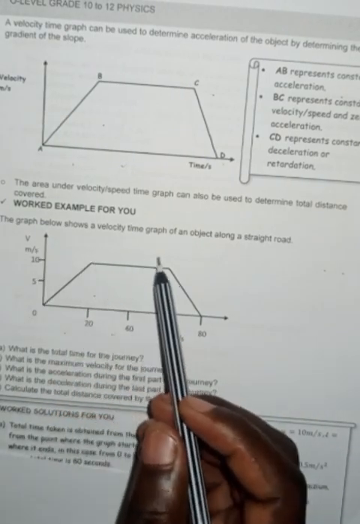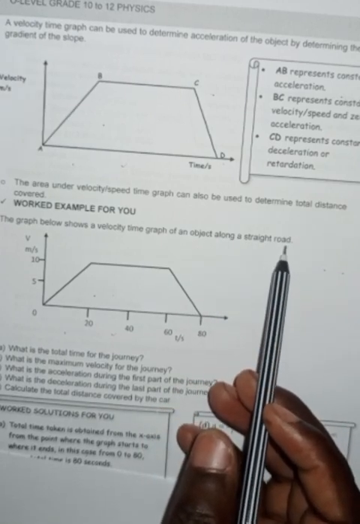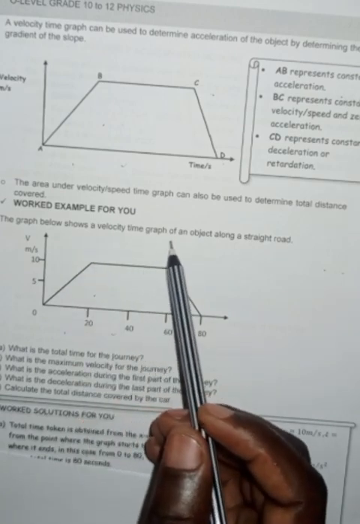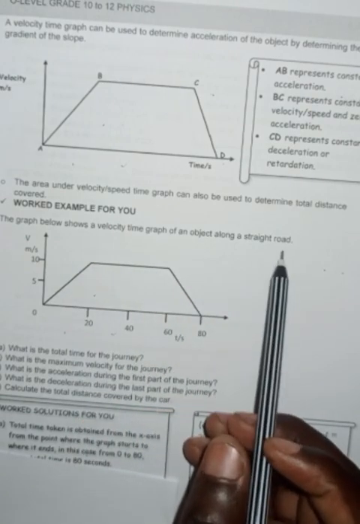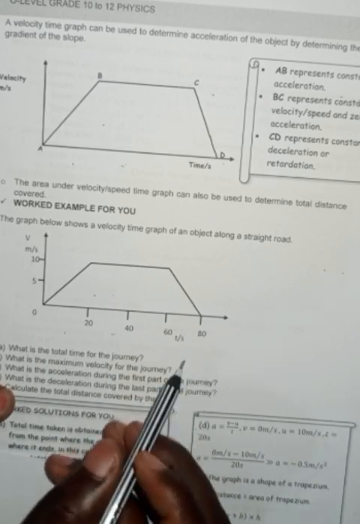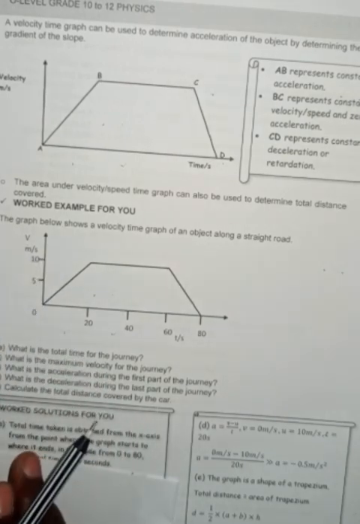The graph below shows a velocity-time graph of an object along a straight road. As usual, the x-axis shows you the time, and the y-axis shows you the velocity, which is in meters per second.